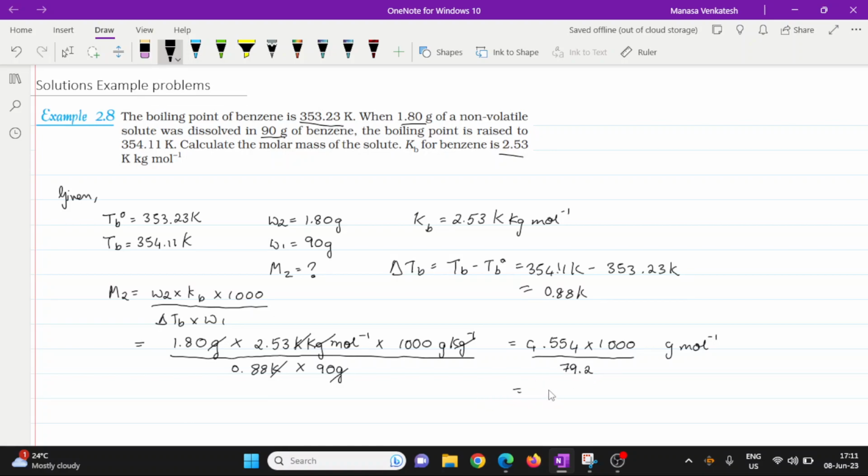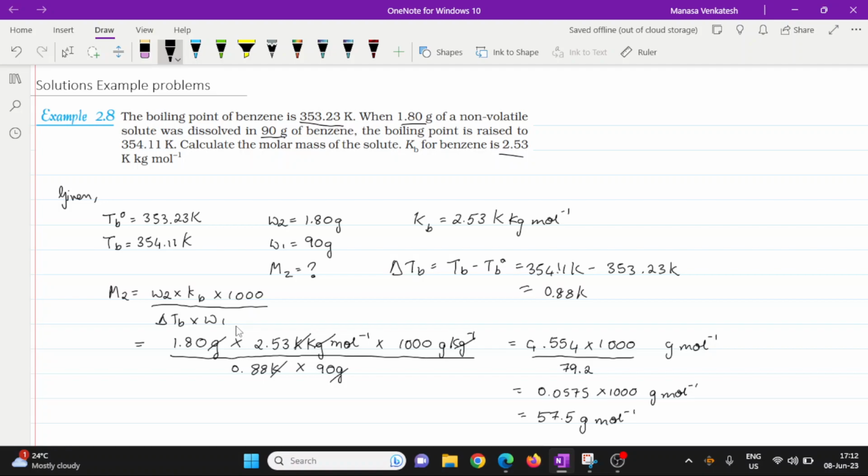On further simplification, this divided by this gives us 0.0575 into 1000 grams per mole. And this further gives us 57.5 grams per mole.